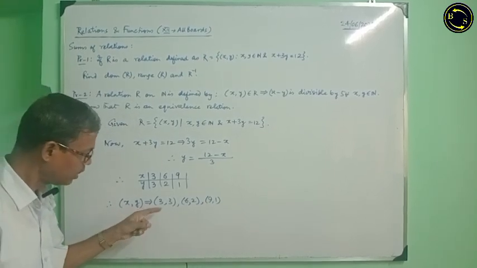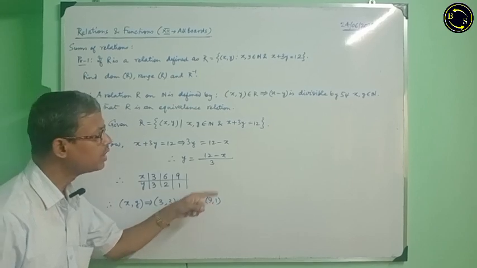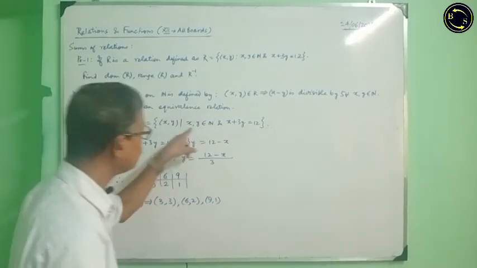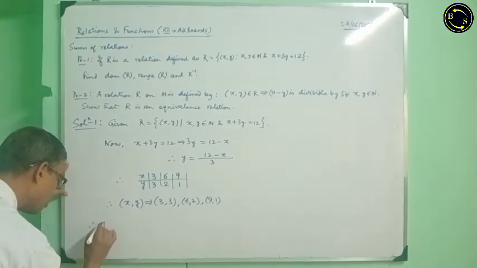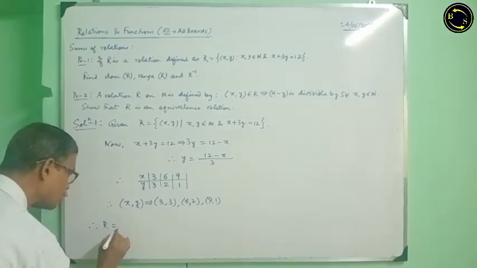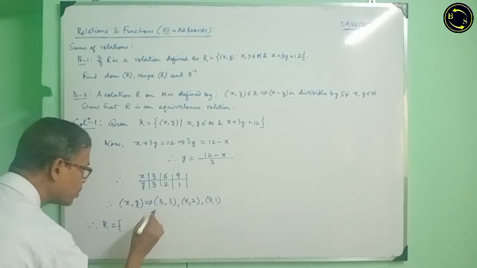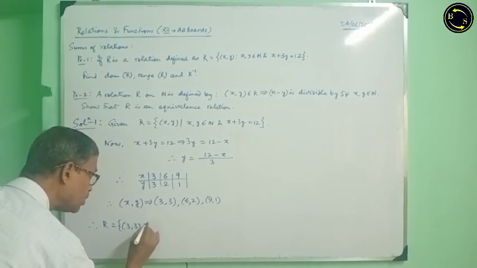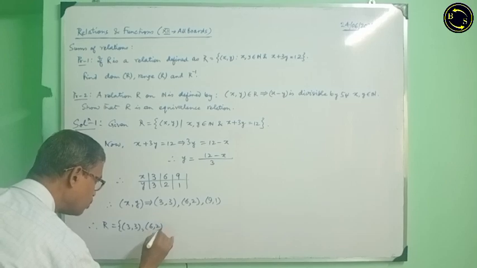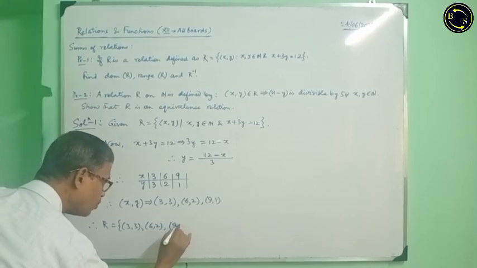We find these three ordered pairs satisfy this one, where x, y are natural numbers. Therefore, the relation R is equal to the set of ordered pairs (3, 3), (6, 2), (9, 1).